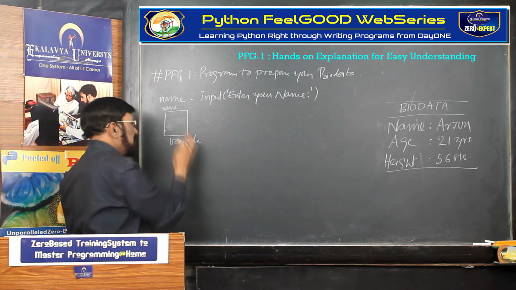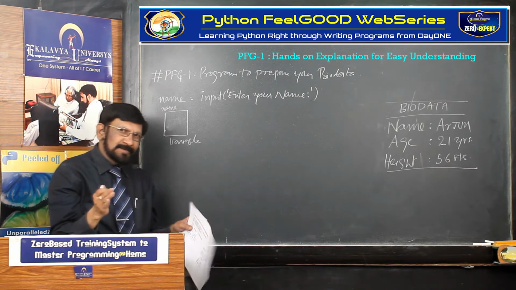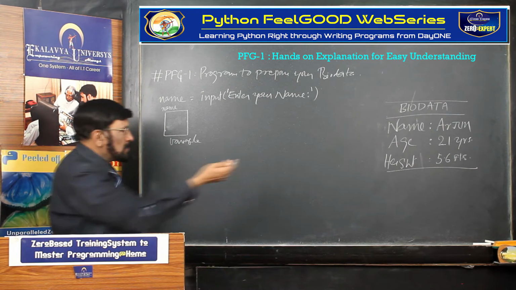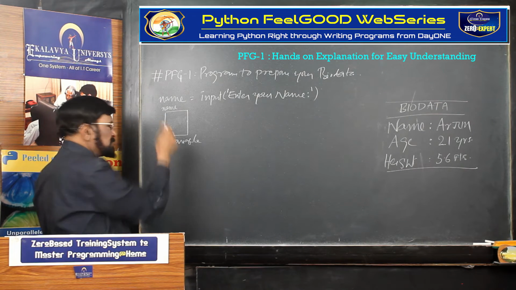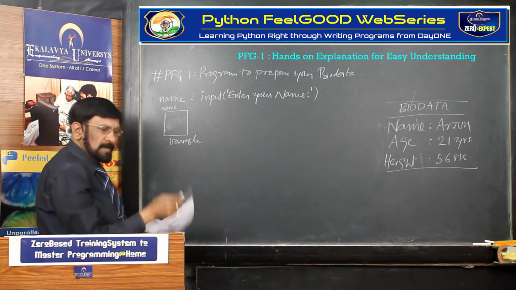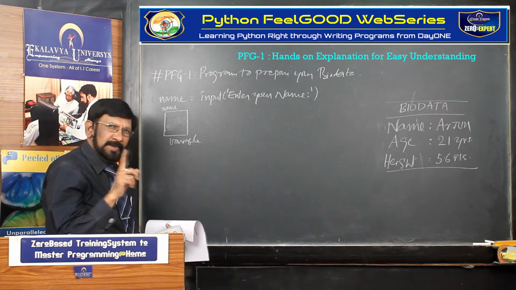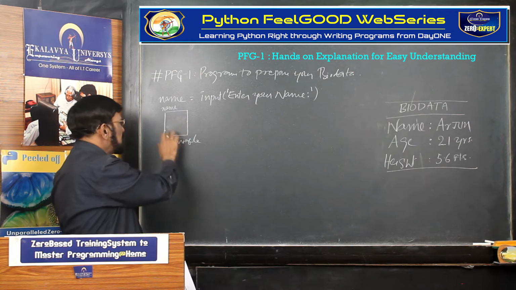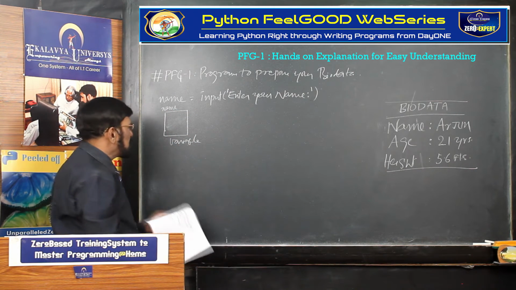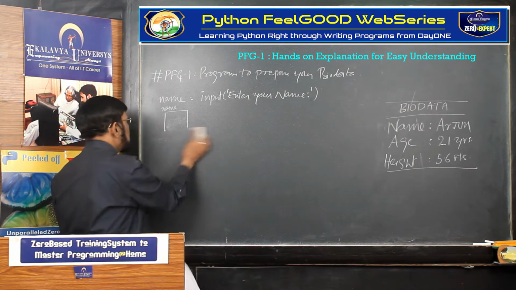So what is happening? The container is the same. Every time, whenever a new user uses that, the name is changed. That's why it is called variable. You should not think of it in a mathematical sense. Variable means always think of a named container. A container having a name. Okay, that point you have to understand.